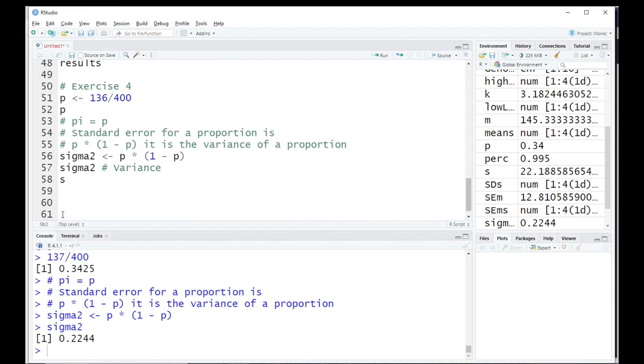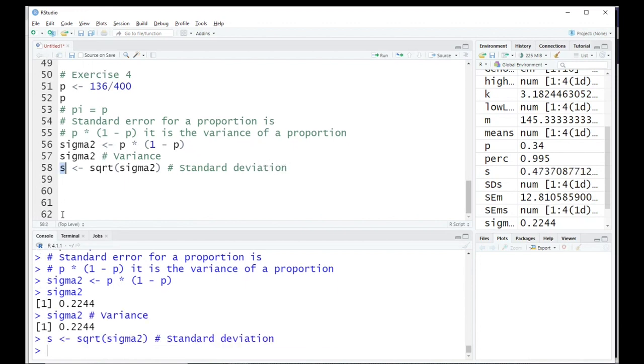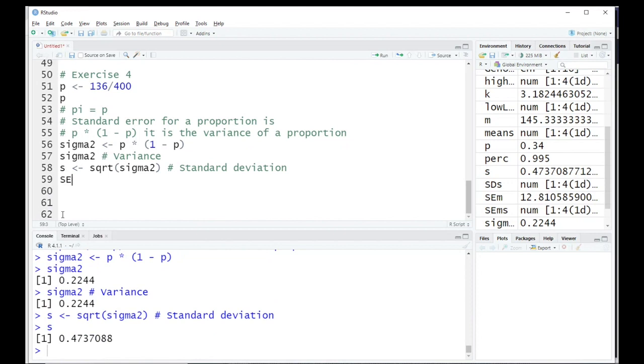So, S would be the square root of the variance. That would be the standard deviation. We have no difference, because the standard error for the proportion is the standard deviation divided by the square root of the number of individuals, that is 400.